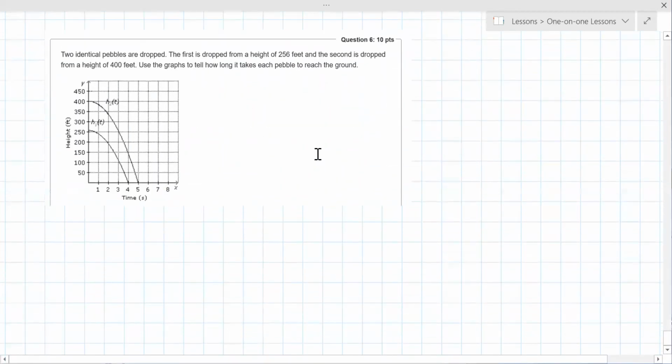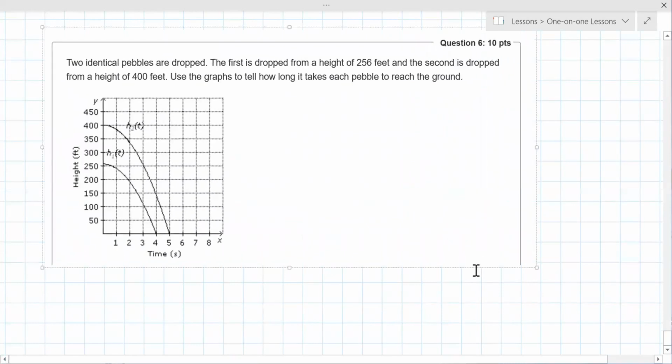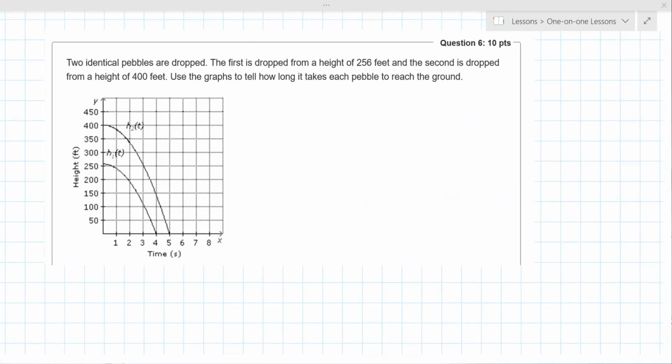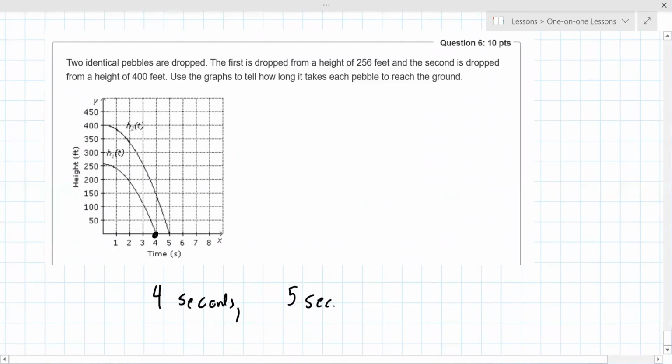If you read the words, it says two pebbles are dropped and they hit the ground. So how long does it take the first pebble to hit the ground? 4 seconds. And then how long does it take the second one to hit the ground? 5 seconds. And that's all it's looking for, 4 and 5.